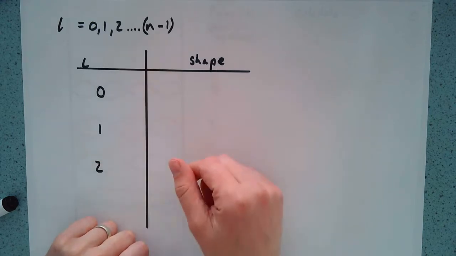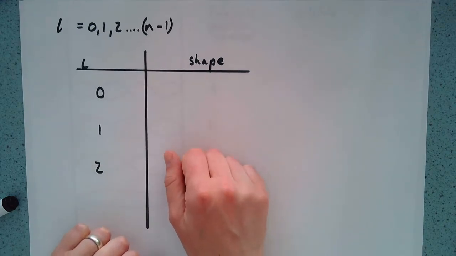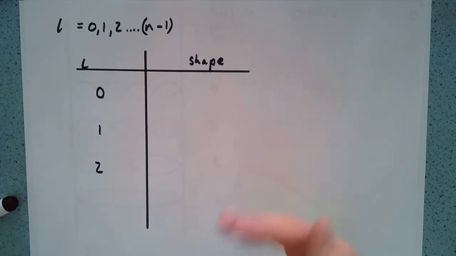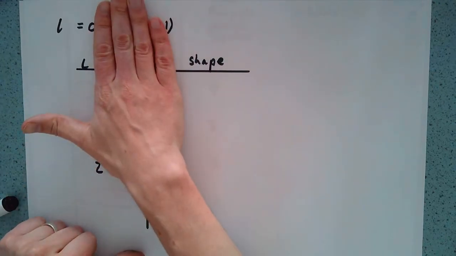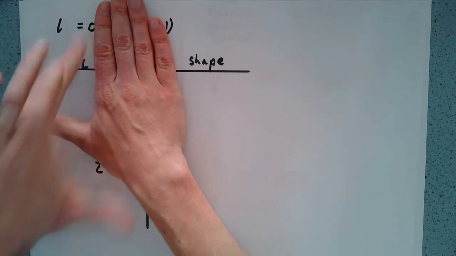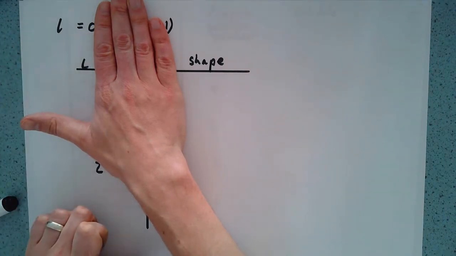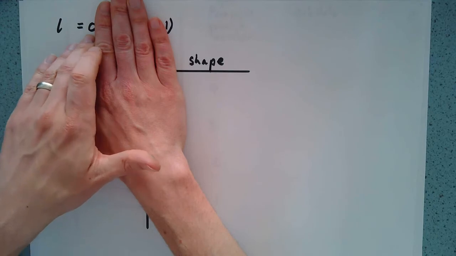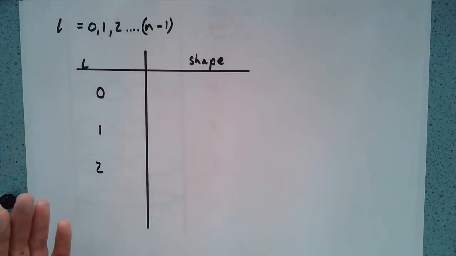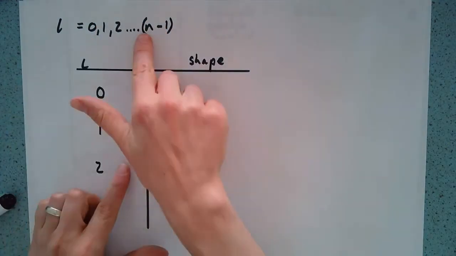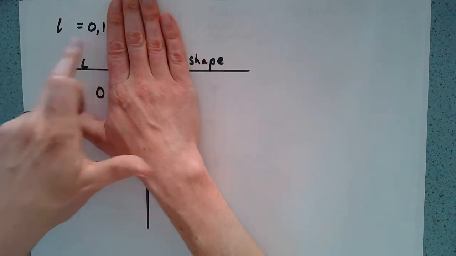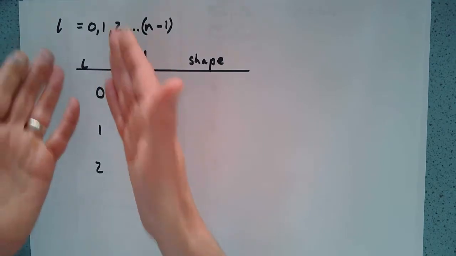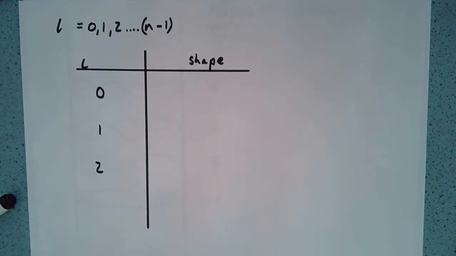So in, for example, energy level 1, n minus 1 is 0, so the only possible value is 0. And in principal quantum number 2, n minus 1 is 1, so we have 0 and 1. So we have 2 possible angular momentum quantum numbers.